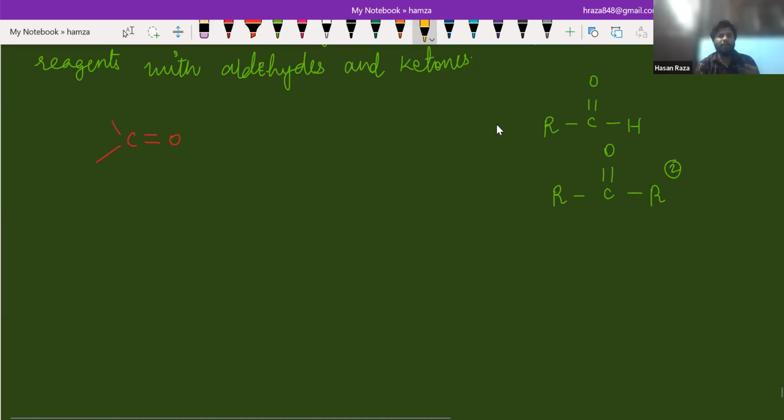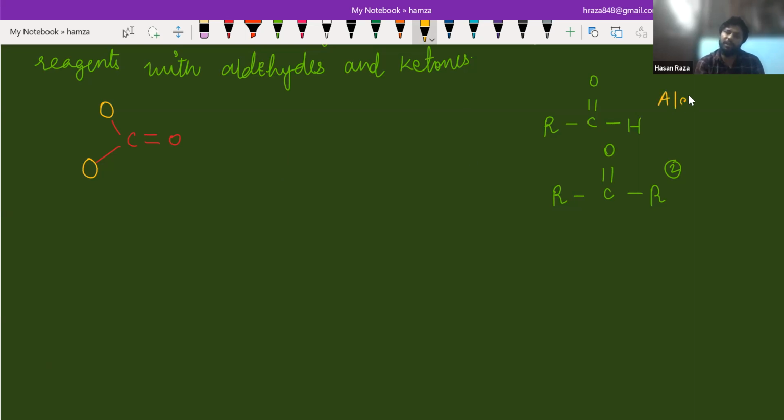So there is a minute difference. If at both places an alkyl group is attached, that means that is ketone. And if one of the bonds is connected with hydrogen, that means that will be aldehyde.